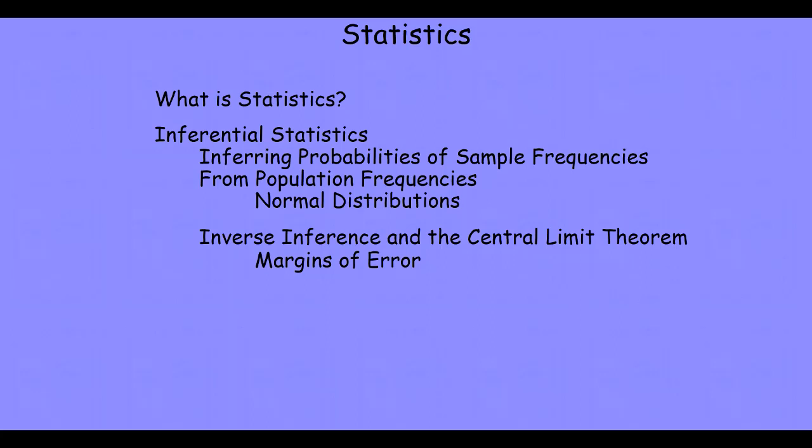That is, if we have a sample frequency, what is the range of possible values for the population frequency that falls within a specified range of values such that 95% of the time the population frequency will fall within the sample frequency plus or minus the margin of error.